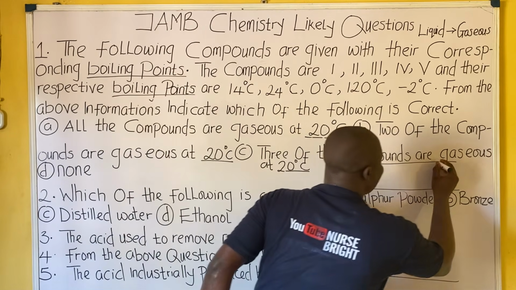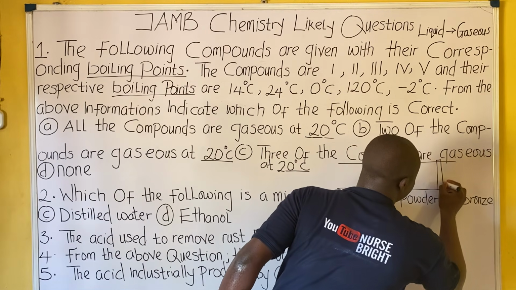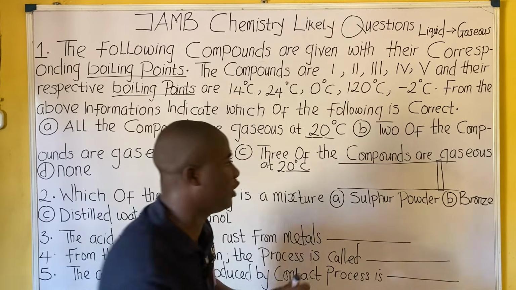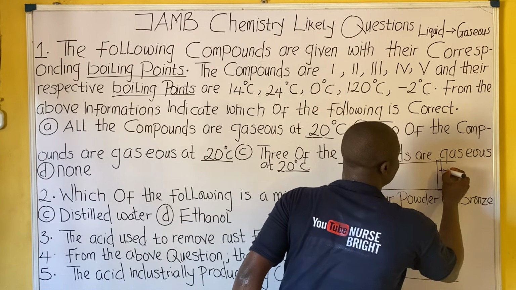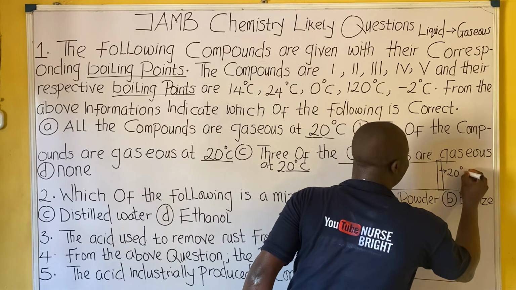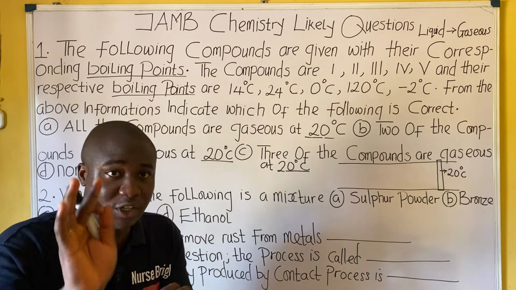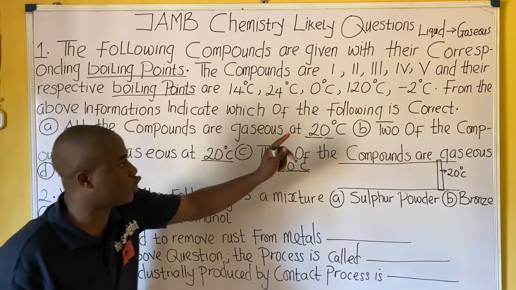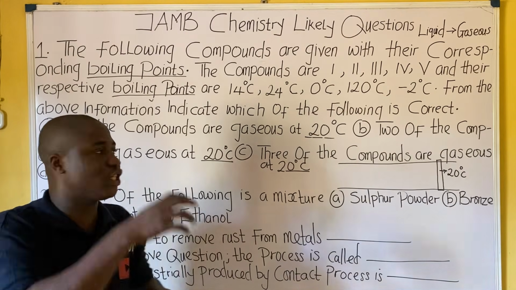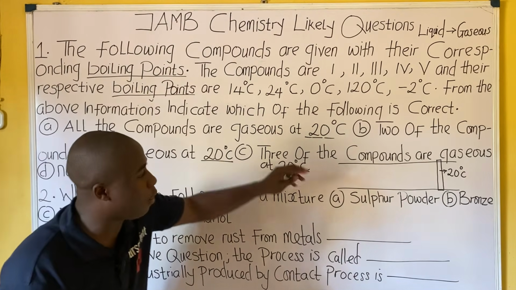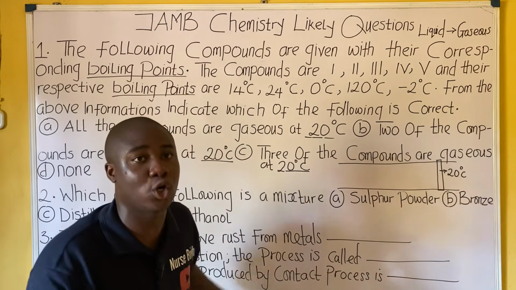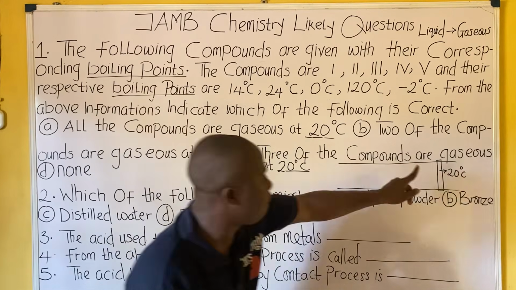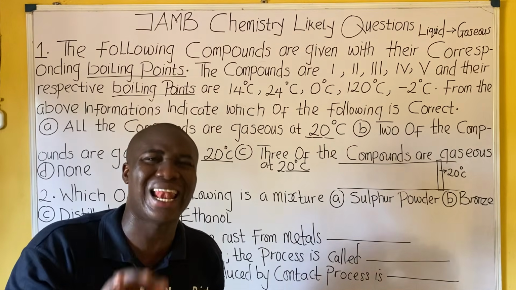Let's say here is the finish line, and let's call this finish line a particular temperature, 20 degrees Celsius. Because the options are not saying that all of the compounds are gaseous at this temperature; two of the compounds are gaseous at this same temperature, three of the compounds are gaseous at this same temperature. So that 20 degrees Celsius, I'm going to call it the finish line. Just relax, I'll be analyzing the question.